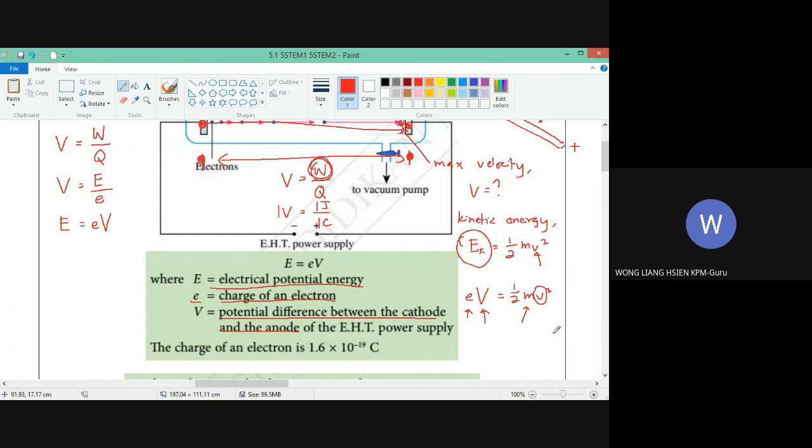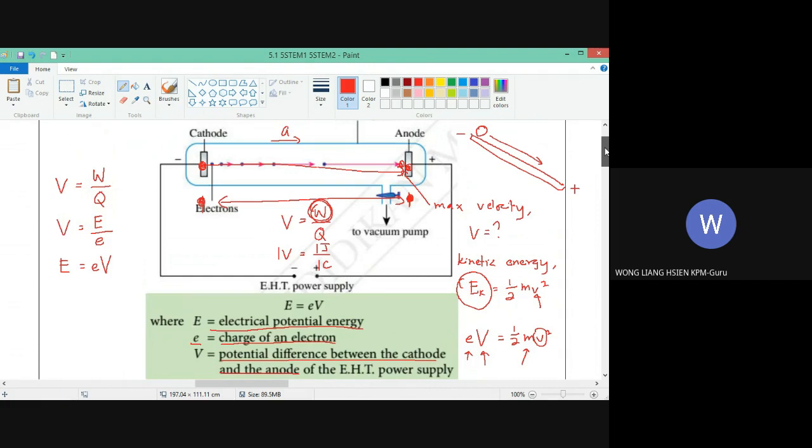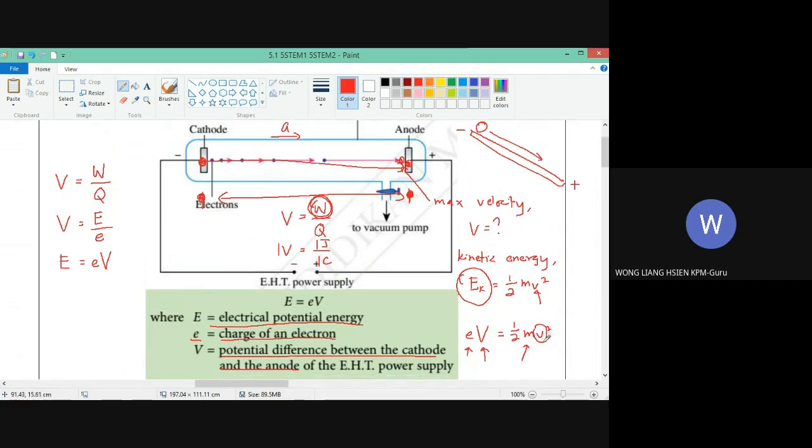Remember, this is the velocity of the electron when it reaches the anode, not when it's halfway. Some students misunderstood. They thought that after they calculate this velocity, the electron is moving at a uniform velocity from the cathode until the anode.